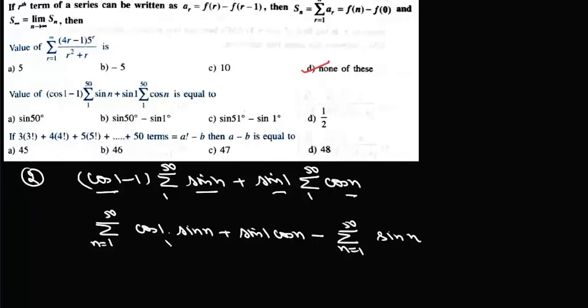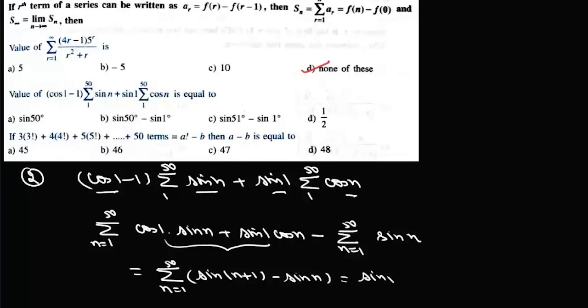Now this is sine a cos b plus cos a sine b, which is sine (a plus b). So we can write this as the summation n varies from 1 to 50 of sine (n plus 1) minus sine n. Now you put n as 1, it will be sine 2 minus sine 1 plus sine 3 minus sine 2, and we'll go all the way up to sine 51 minus sine 50.